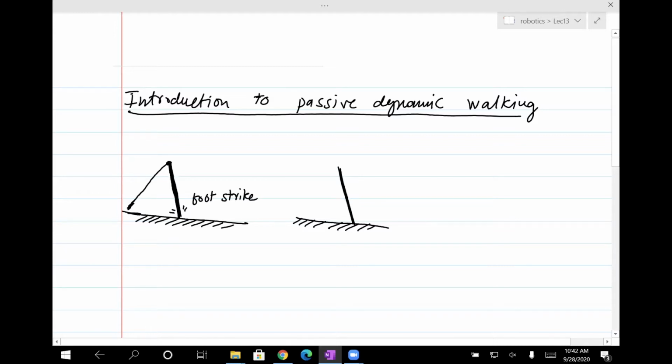Now this leg, which hit the ground, is going to stick to the ground, and the other leg is going to swing freely. The leg which is on the ground is called the stance leg, and the one which is swinging is called the swing leg. It's going to move freely.